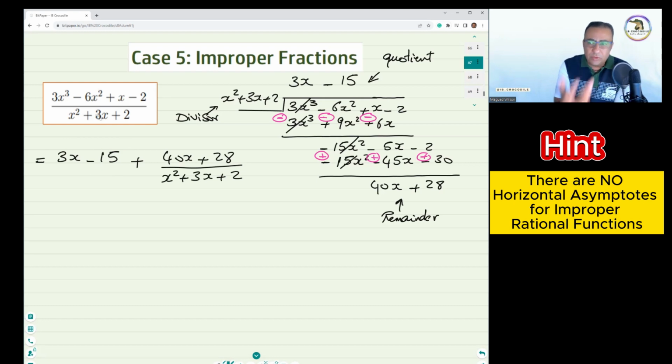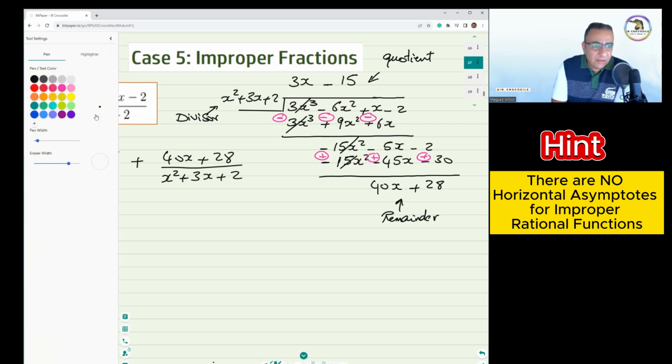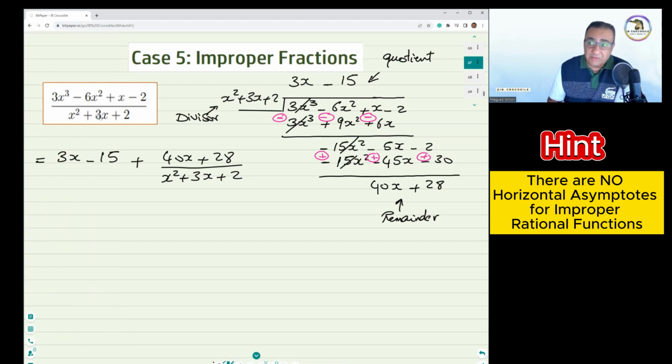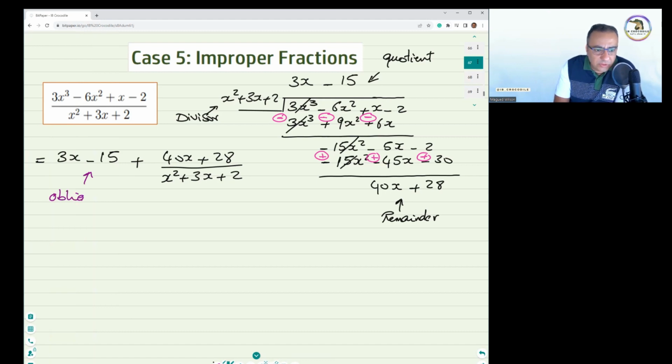So when you do the long division, you get this straight line, 3x minus 15, with slope 3 and y-intercept negative 15. That is basically the oblique or slanted asymptote. This is just a side note, but it's important, I got to mention it here. And again, this applies if the degree of the numerator is bigger than the degree of the denominator.